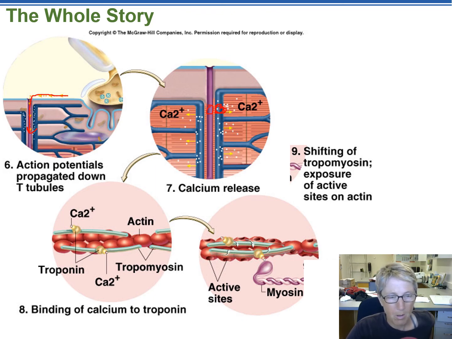And then you come over here to number 8, calcium binds troponin, and then the troponin-tropomyosin complex, upon receiving the signal from calcium, will move out of the way of the myosin head binding sites on actin.